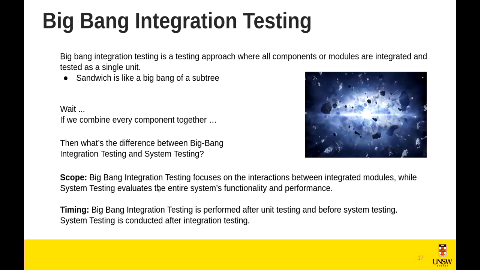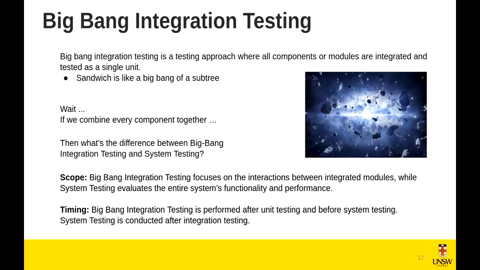That's the first difference: big bang integration testing focuses more on the interactions, while system testing tests the performance or functionality of the entire system. So we don't care about the interactions between different modules inside the program when we do system testing.